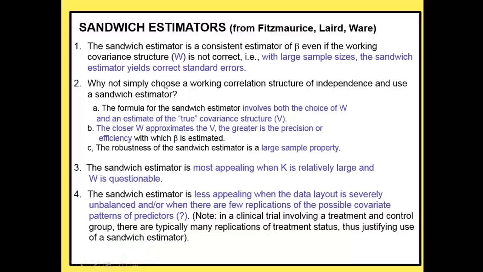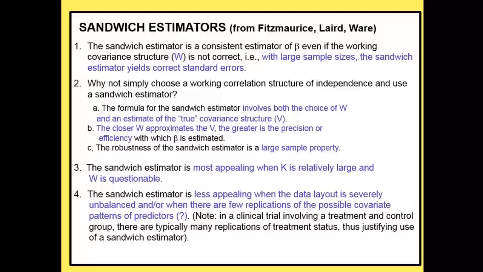Now, here's a question. If it turns out that no matter what correlation structure or covariance structure you specify, if you use the empirical option and ask for the sandwich estimator, you correct for it, why does it matter? Why don't you just choose independence as your correlation structure?